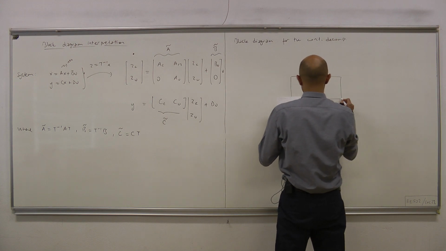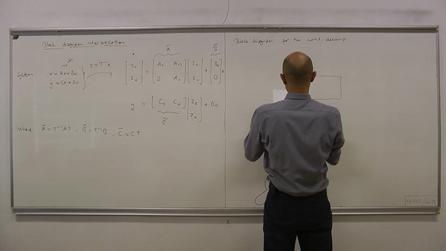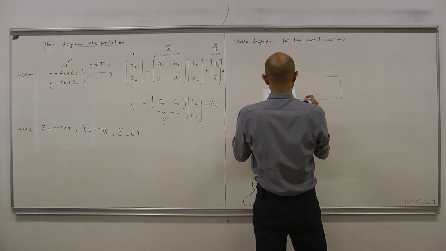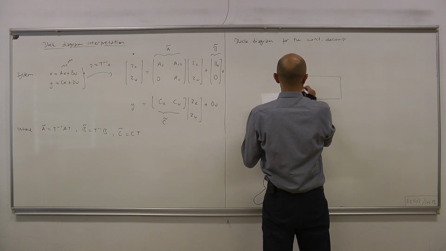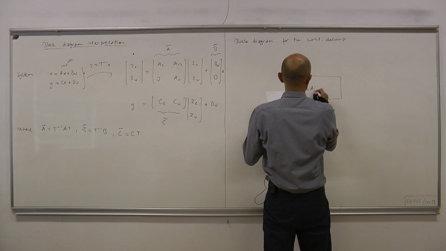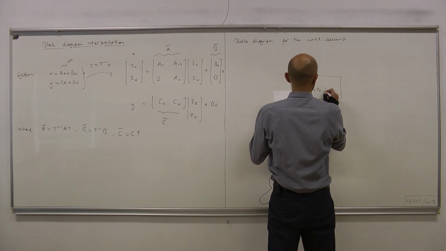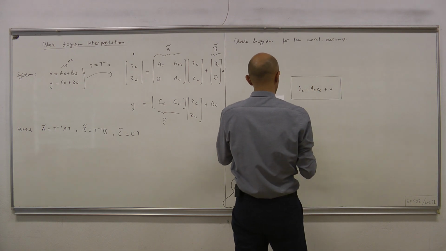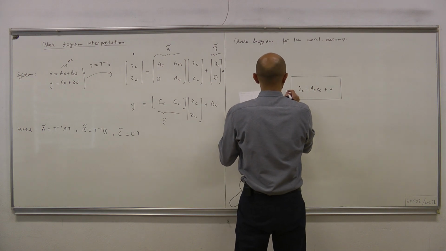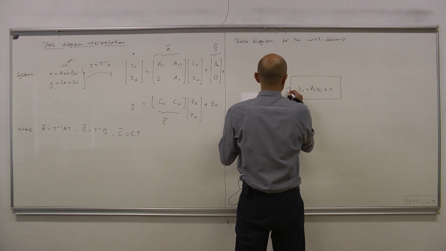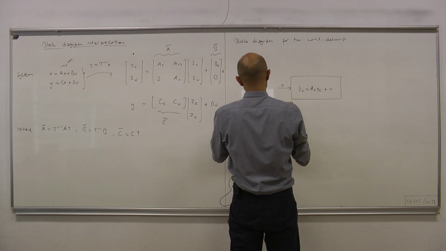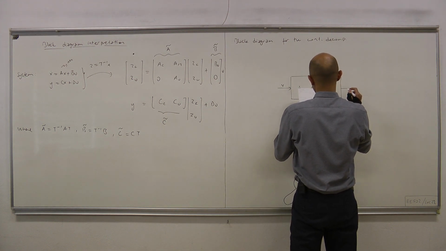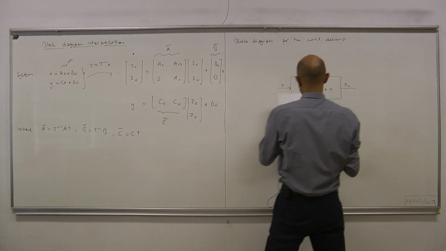This is our ZC dot equals AC ZC plus the other terms. This is the input to the system, and what the system produces is ZC.